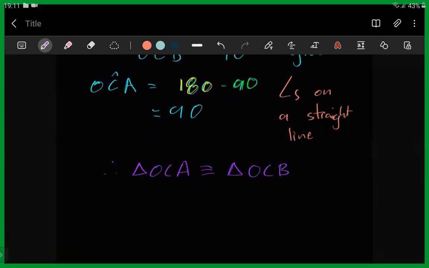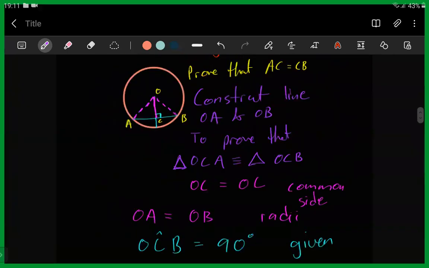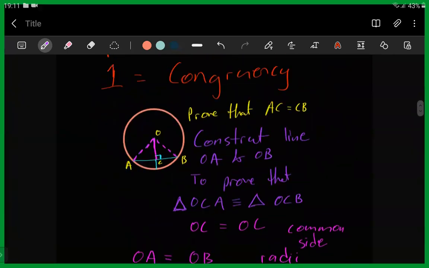You see, and the reason for that is side angle. You found a side, you found another side, and you found an angle that is equal to the other triangle.